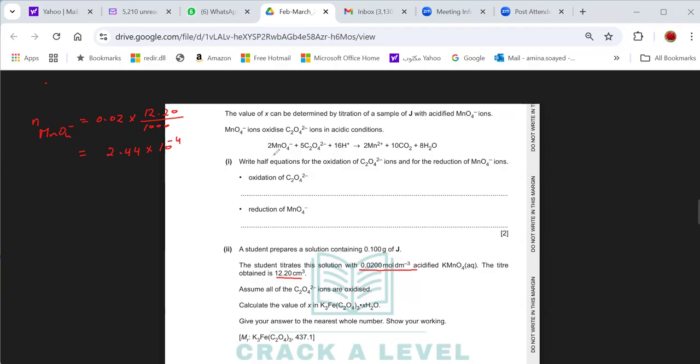And so from the mole ratio between the manganate and the ethanedioate ion, the mole ratio is 2 to 5. So if we get the number of moles here to be 2.44 times 10 to the power minus 4, what will be the number of moles of the ethanedioate ions? It will be equal to 2.44 times 10 to the power minus 4 times 5 over 2.